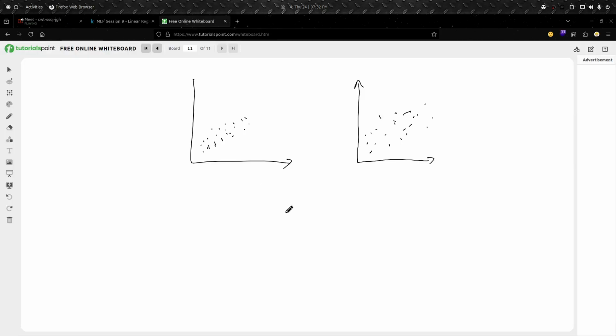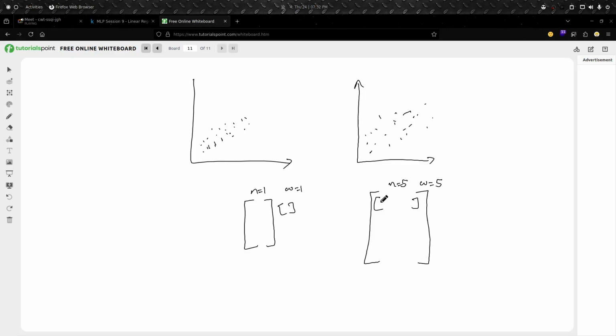One thing I want to tell you: if we have only one feature, then our data will be something like this. And we only have a single weight, so this will be a vector to scalar multiplication. And if we have multiple features, then we have a matrix as a data set.